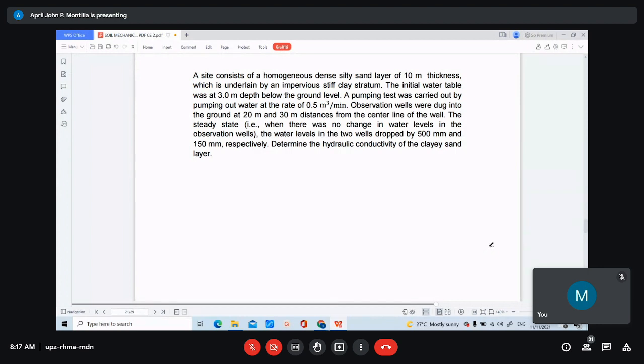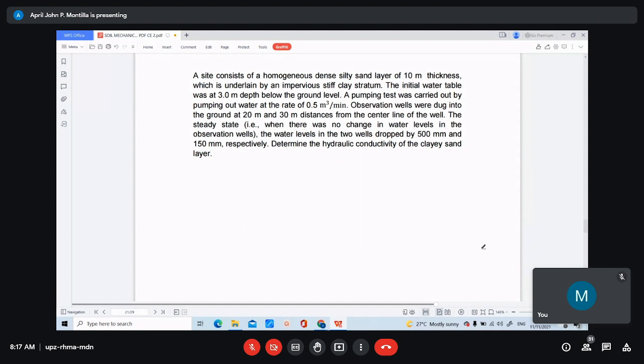Observation wells were dug into the ground at 20-meter and 30-meter distances from the center line of the well. At steady state, when the water levels in the two wells dropped by 500 millimeter and 150 millimeter respectively, determine the hydraulic conductivity of the silty sand layer.